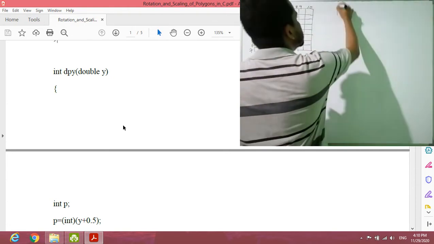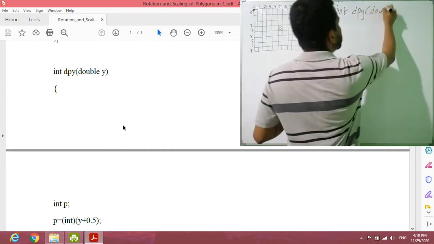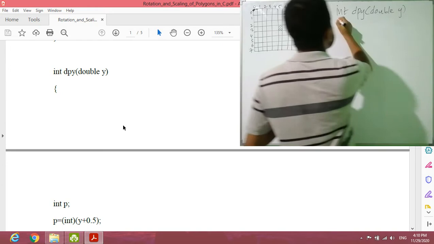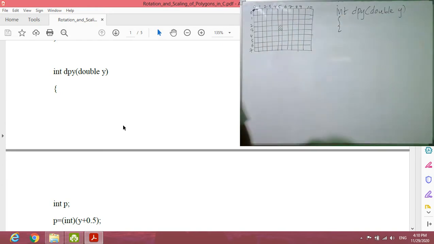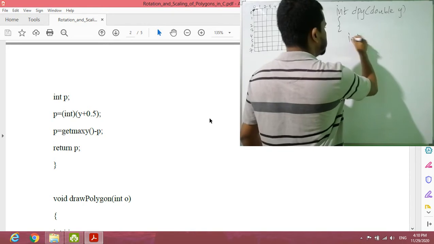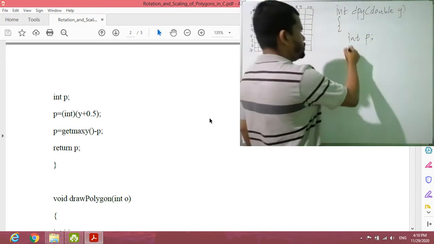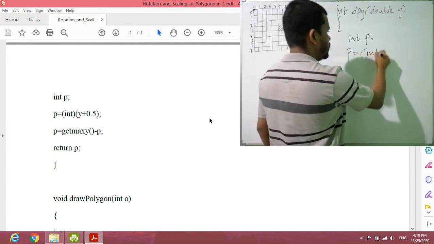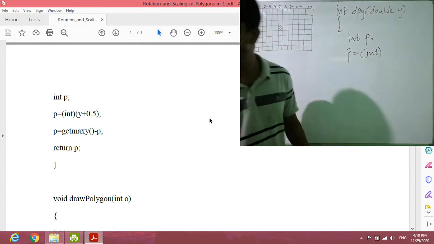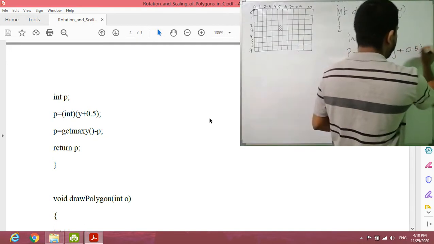int dpy(double y). Here we have int p, and p we assign, as in the previous situation, y plus 0.5.